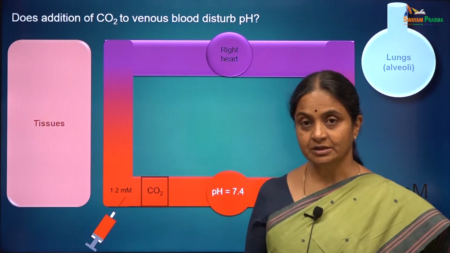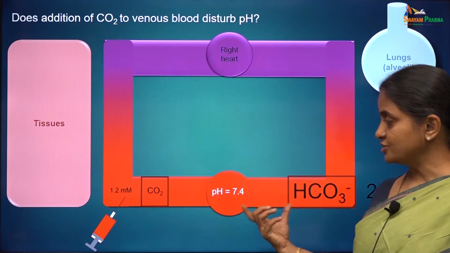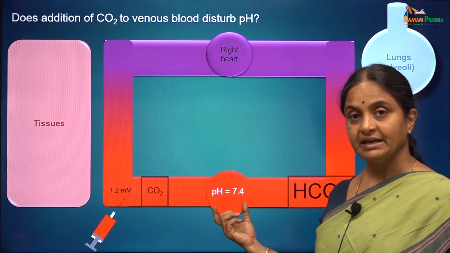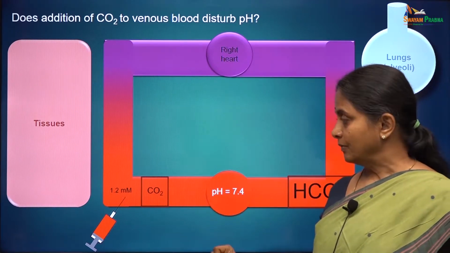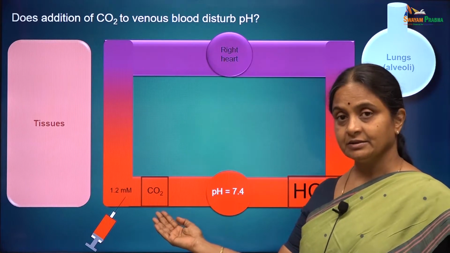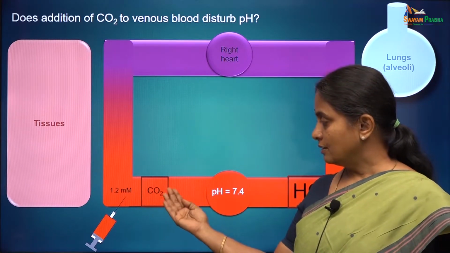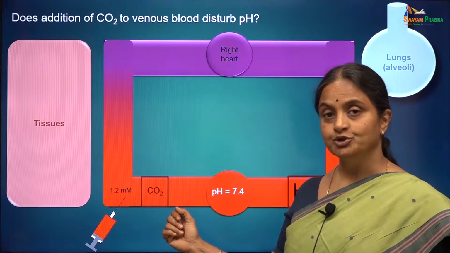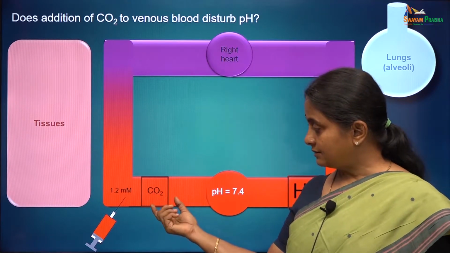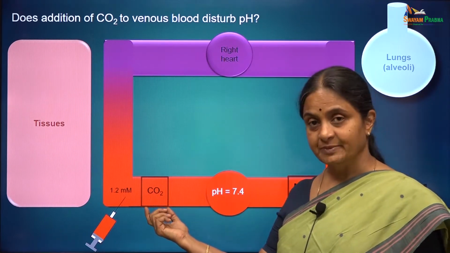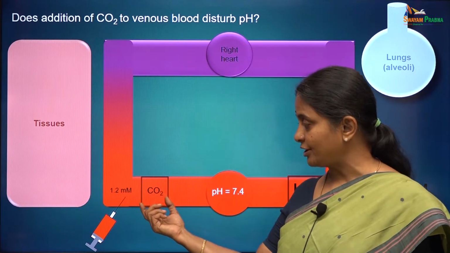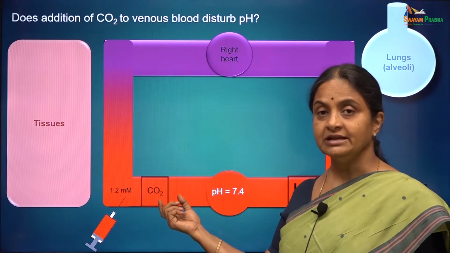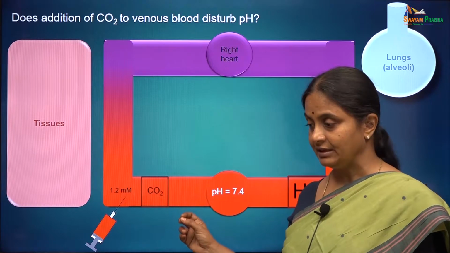In the previous session, we considered how the pH of arterial blood is kept at 7.4. We started with a carbon dioxide concentration of 1.2 millimolar and showed Sajal's experiment, where addition of this much carbon dioxide to plain water resulted in a pH around 5.